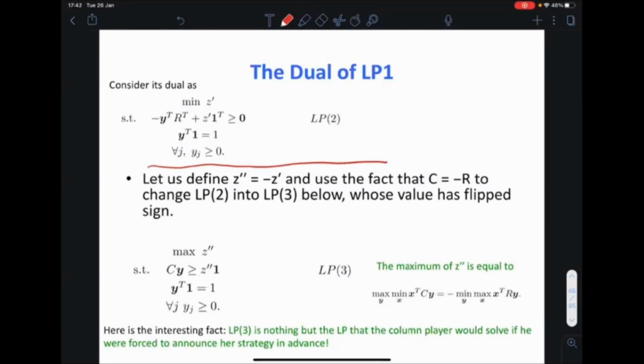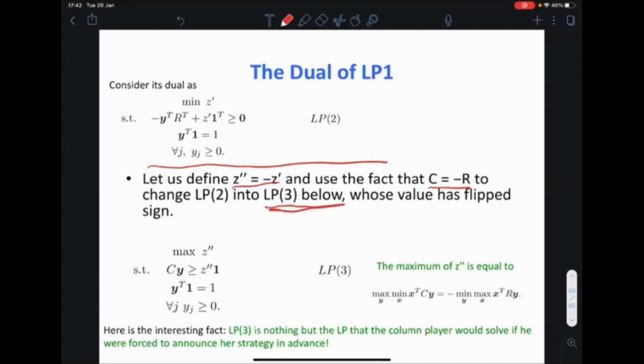From our gaming perspective, we introduce this Z double prime and the C matrix. For this zero-sum game, we need to introduce the payoff for the second player, which is defined as negative R. And so we change this LP to LP3.